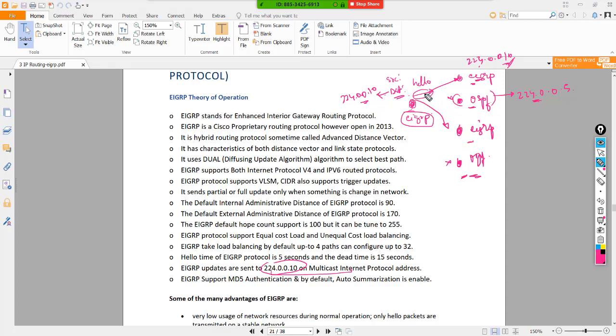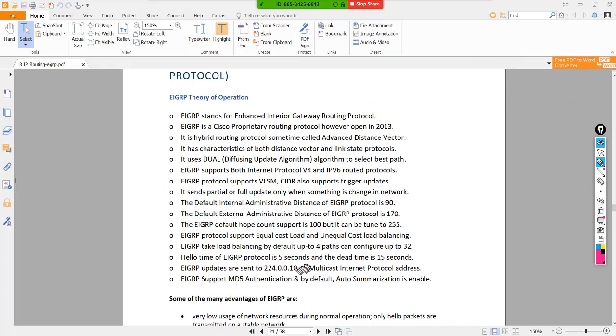So multicast is something which communicates only between a group of similar protocol. They are not going to communicate with anything else, like OSPF in this case. So that's the backend flow of EIGRP.